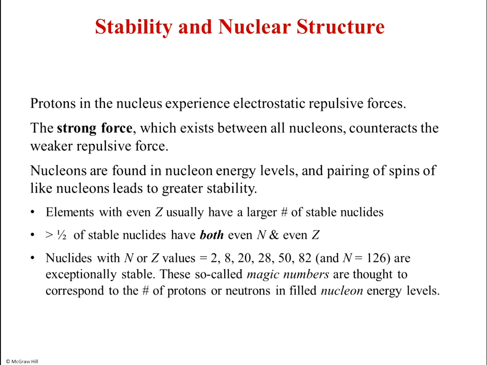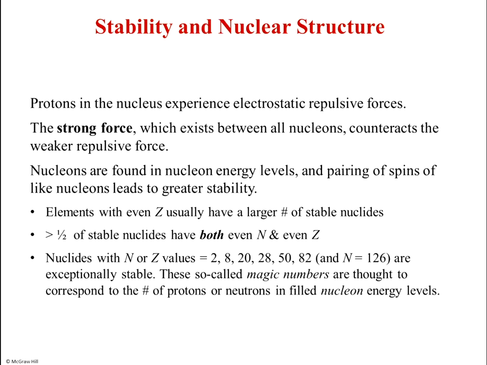So what you see is with the nucleus, it's very similar to electronic structure. Remember, think back to the electronic structure we learned about. If we have 2 electrons, we fill the 1s level. If we have another 8 electrons, we fill the 2s2 and the 2p6, so that would be a total of 10.